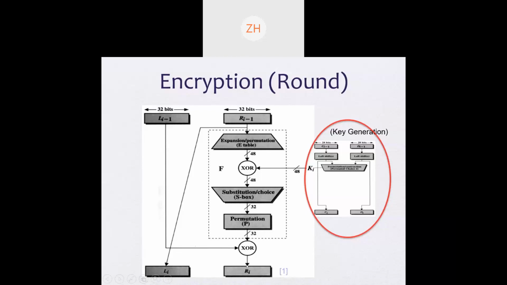So it contributes to the next right. You will have the new right here, R1. The left hand side data, you swap from the previous right, to become the new left. So we finish one round.